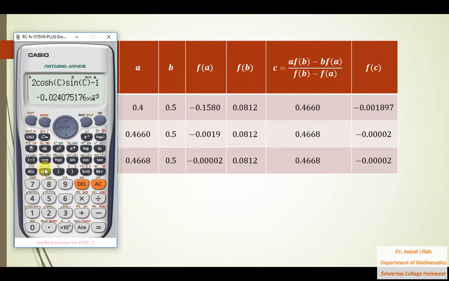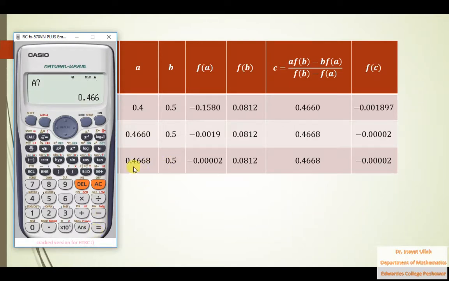Reducing this, minus 0.00024, so minus 0.000, and this is 2. Now again replace a by c, replace this a by that c, b is the same, 0.5, so equal to.